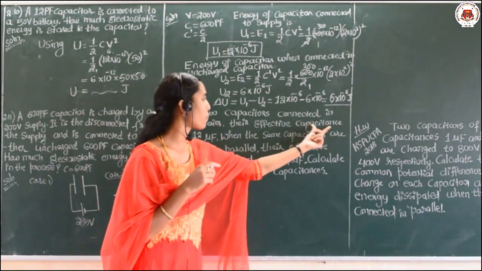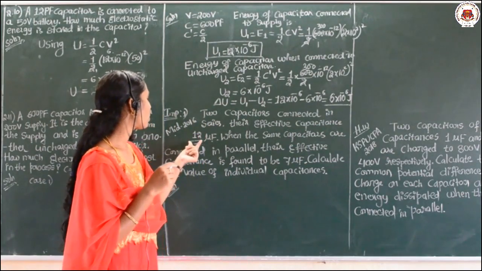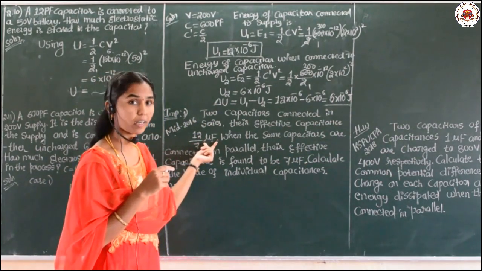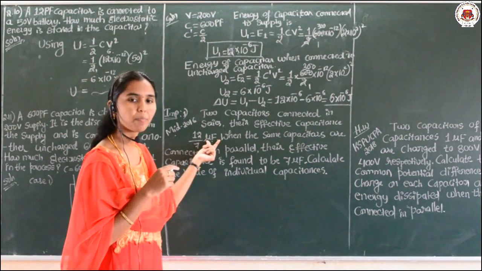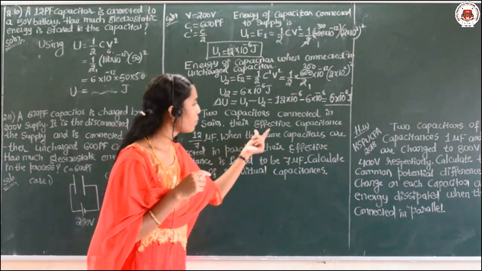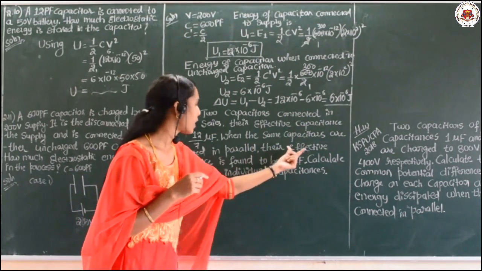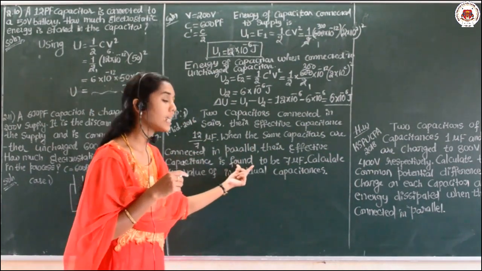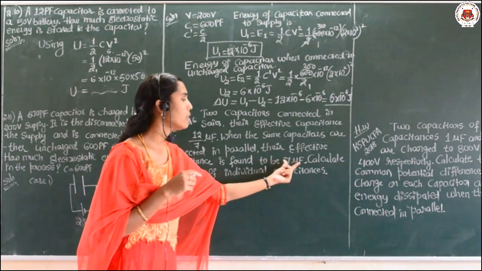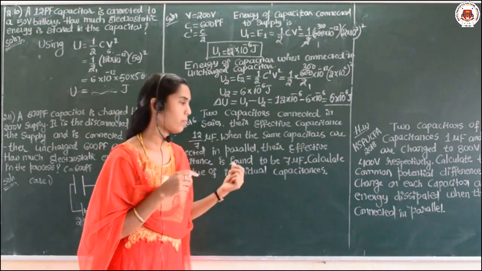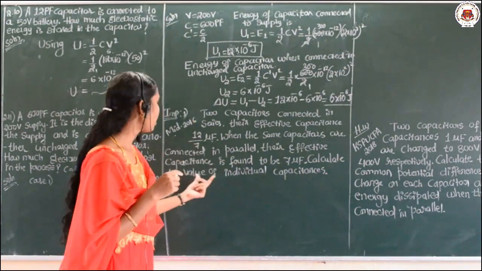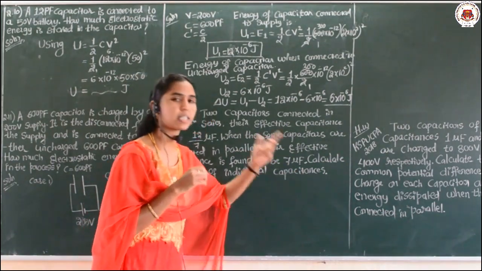Their effective capacitance is 12 by 7 microfarad. When the same capacitors are connected in parallel, their effective capacitance is found to be 7 microfarad. Calculate the value of individual capacitances.